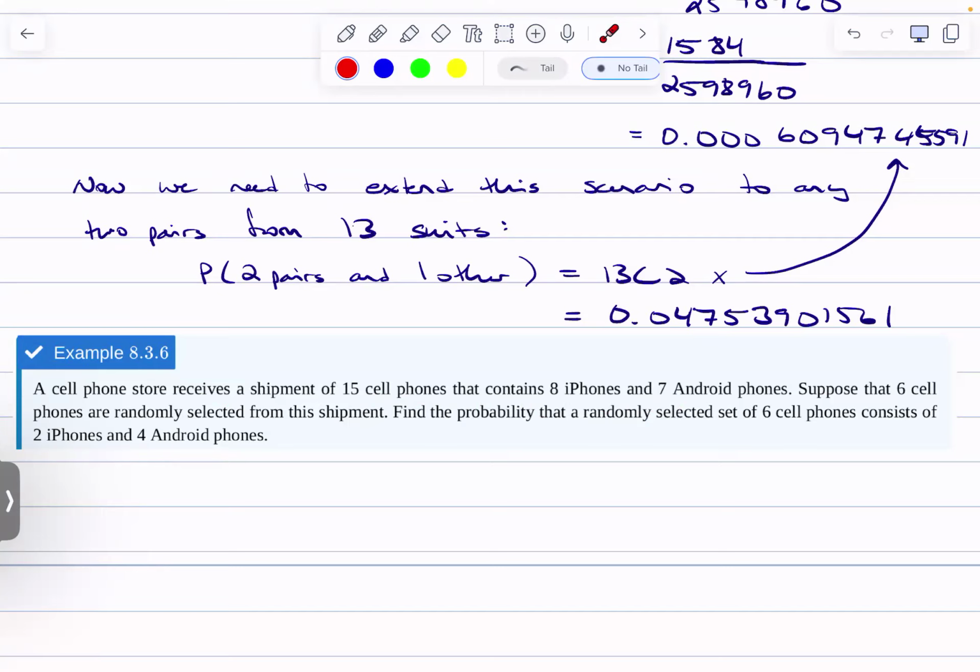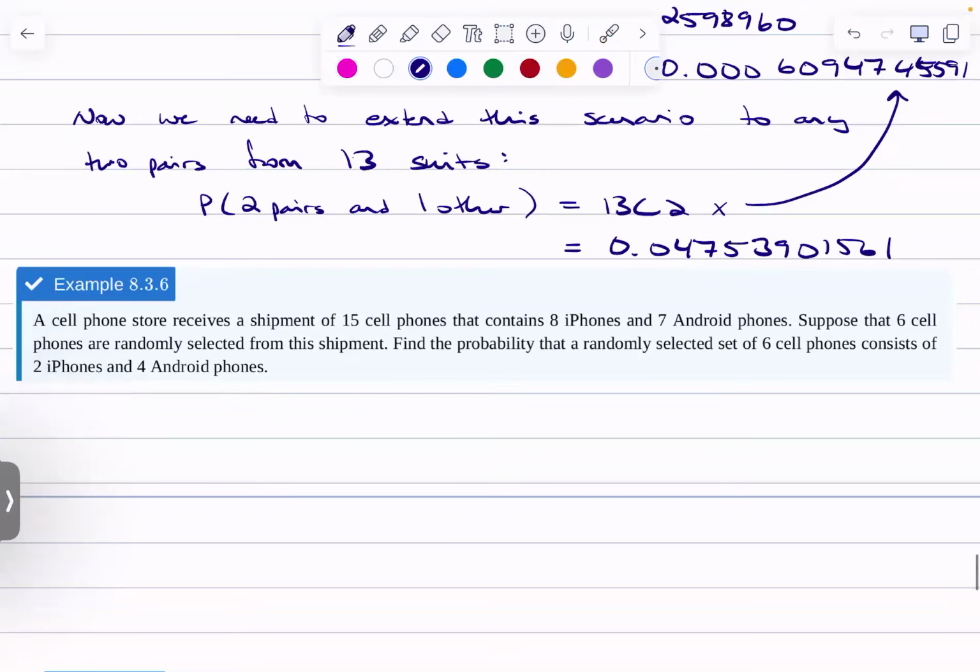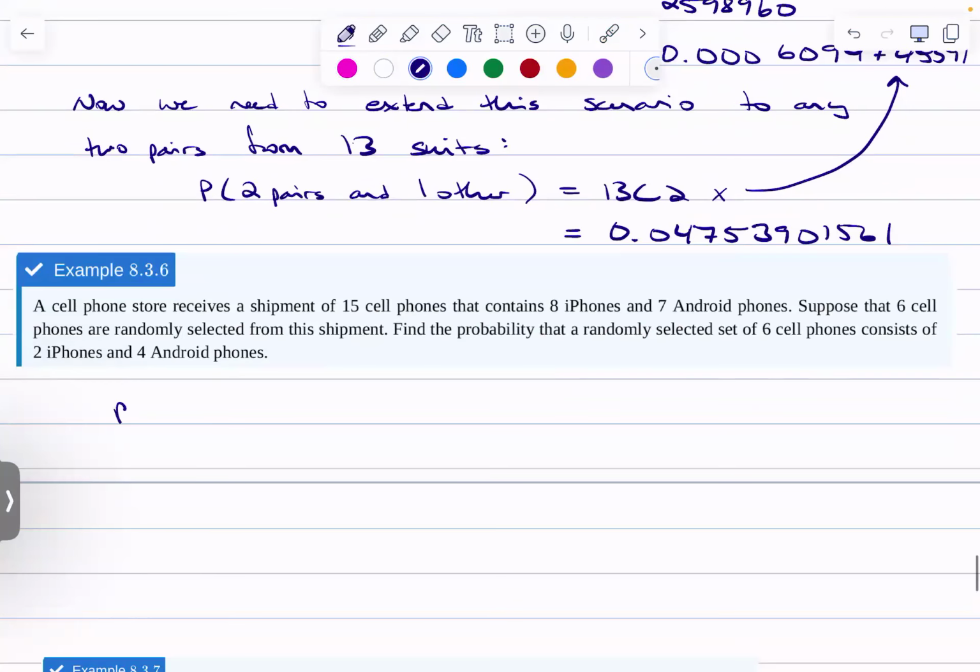So whenever you just want to have a grouping like this, it's going to look the same. The probability of 2 iPhones and 4 Android means that from the total iPhones, 8, I need to choose 2.